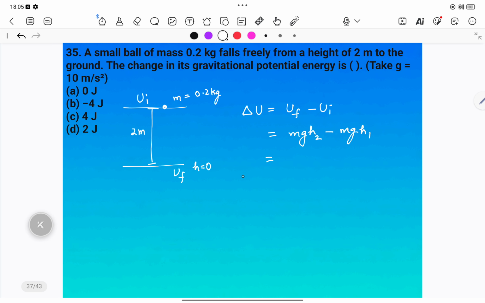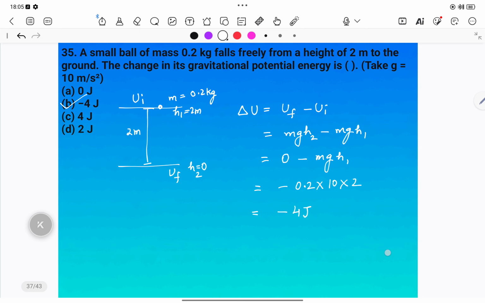Since height h2 is 0, the final potential energy will be 0, and in mgh1, h1 will be 2 meter. We put this value, and this will become minus m, which is 0.2, and g is 10, and height is 2 meter, so it will become minus 4 joules. So according to this, option B is correct.